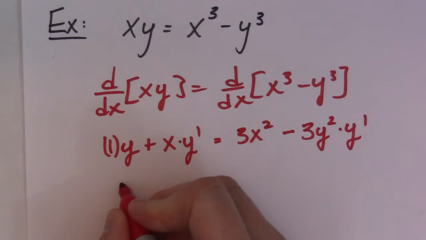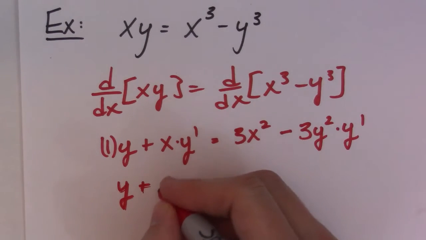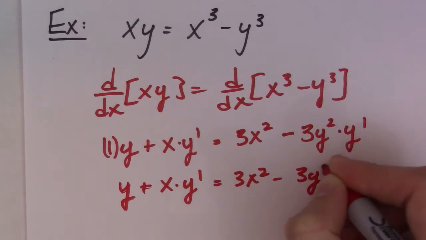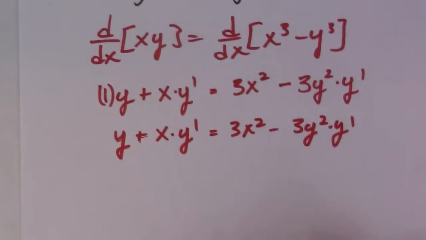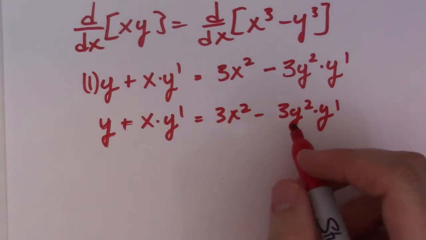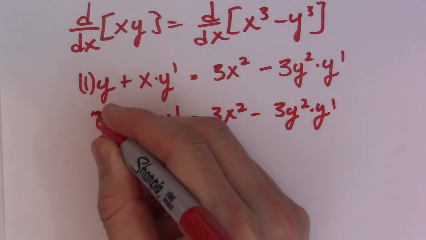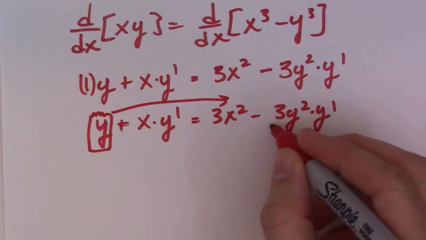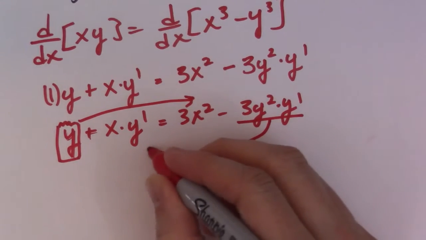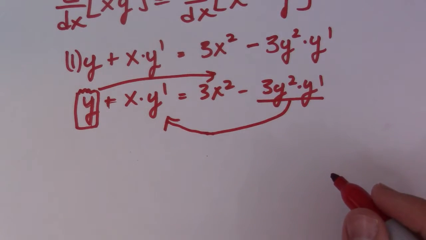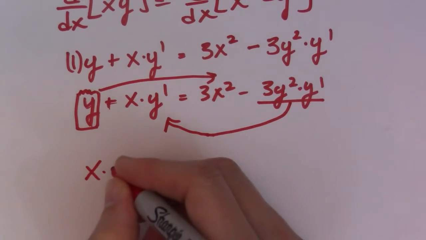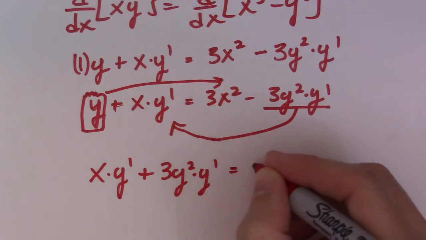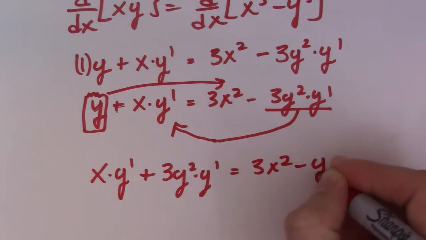I'll simplify this again. So I have y plus x times y prime is equal to 3x squared minus 3y squared times y prime. I dropped the 1, not that you couldn't do a step without it. I notice the y term does not have a y prime in it, so that's going to go to the other side. And the 3y squared term has a y prime in it, so that's going to come over here. Again, which side you put it on might be optional. So I have x times y prime plus 3y squared times y prime is equal to 3x squared minus y.